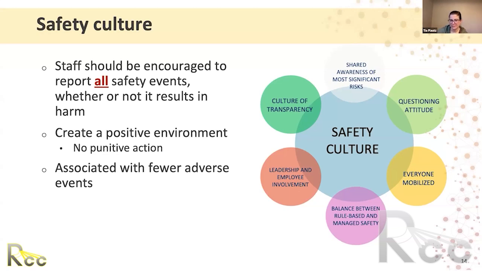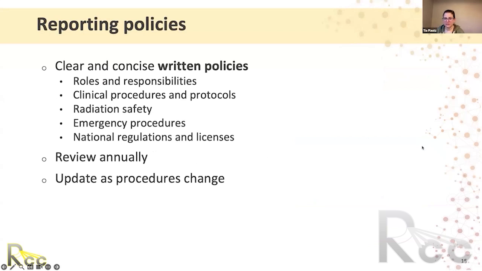In order to foster a positive safety culture, it's important to have really clear policies, and they should all be very formally written, clear and concise so that they can be accessed by all individuals in the clinic. They should include the roles and responsibilities of each individual, each team of individuals.